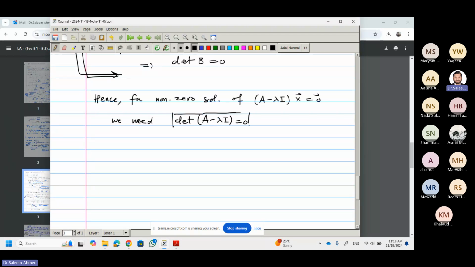If you take the determinant of this one, it will give you a polynomial in lambda. It is a polynomial equation in lambda, which is called the characteristic equation. This equation has a name. It is called the characteristic equation.